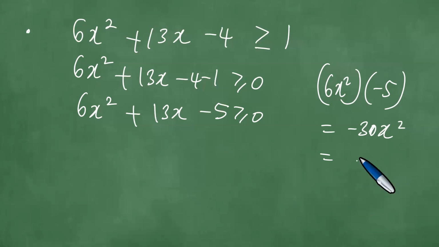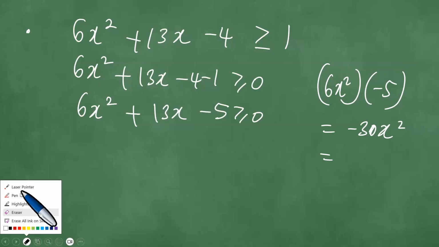So it's easy. Somebody's going to be saying, what are the factors here of minus 30x squared that will give 13x? There are 15 and 2, positive 15 and negative 2.